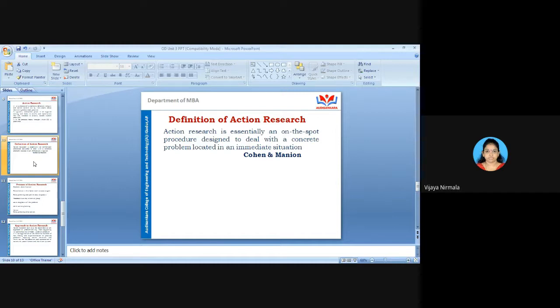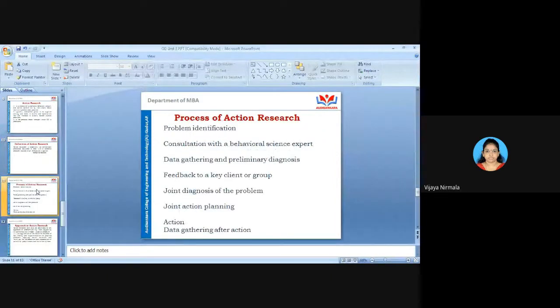So before changing, you need to understand and then evaluate. Then only the action research will be good. So these are some of the definitions of action research. And let us see the process of action research.